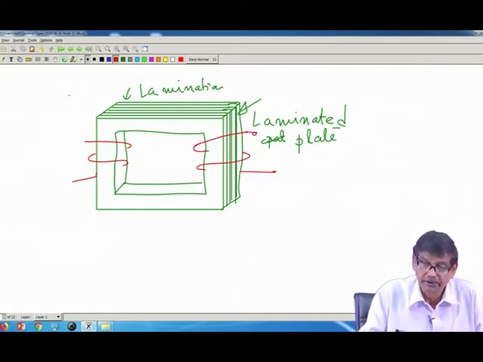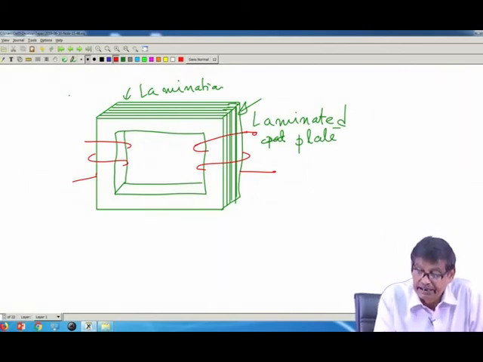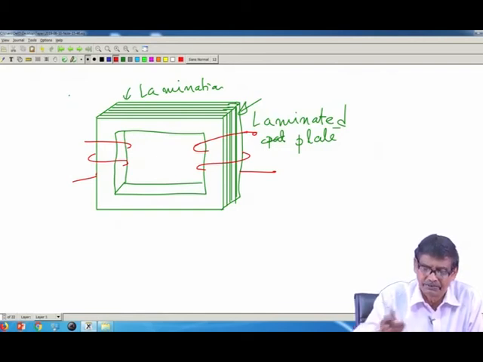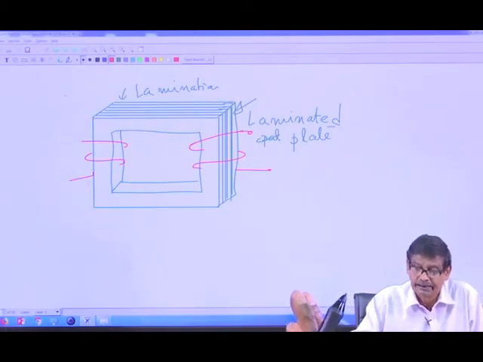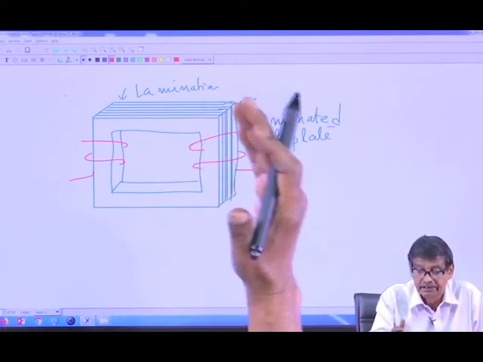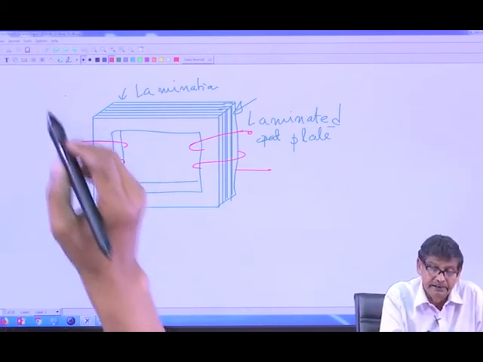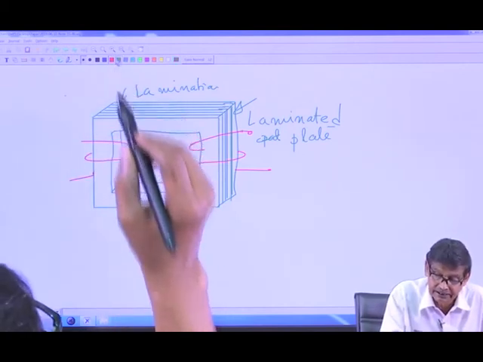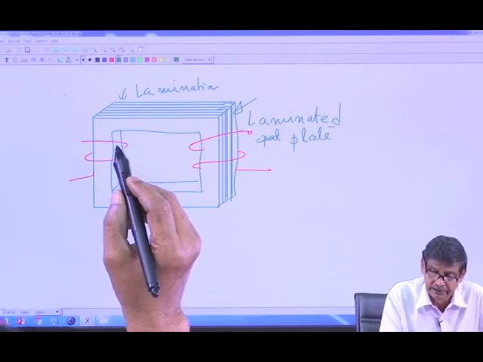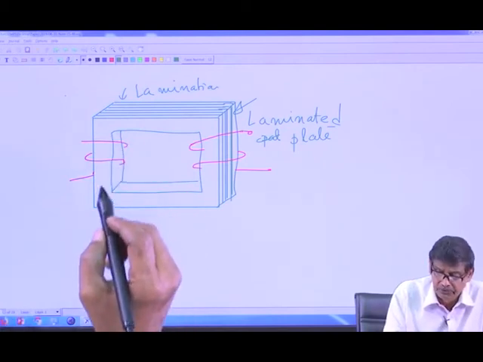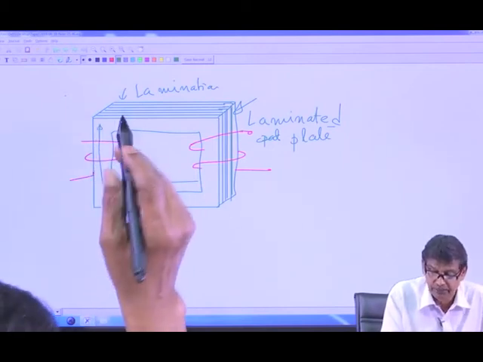So, eddy current loss depends on Bmax square, f square and thickness of the plate square. Thickness should be 0.2, 0.3 millimeter, and each plate is insulated from the other, and this will also be reflected in this drawing. And this is the flux. Total flux is phi.